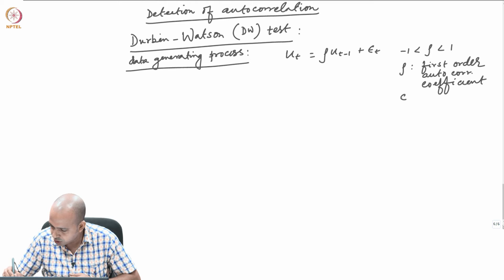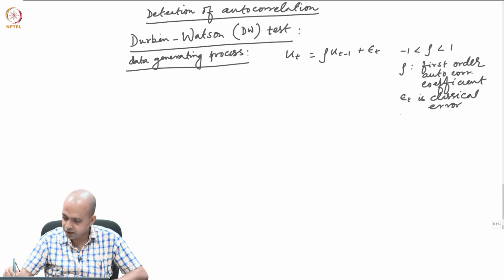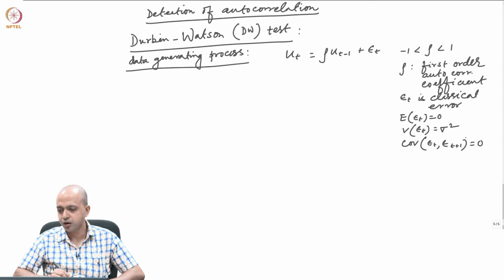And this epsilon t is classical error. Classical error means it follows all the assumptions of the classical regression model. In a sense, expectation of epsilon t equals 0, variance of epsilon t equals sigma square, and covariance between epsilon t and epsilon t minus 1 or t plus 1 is 0.